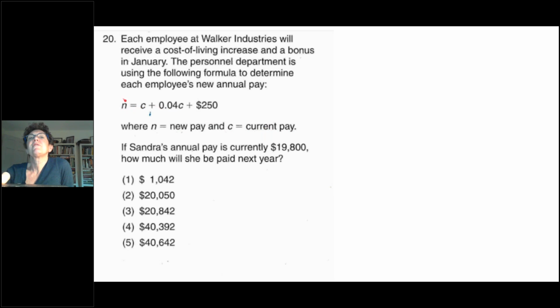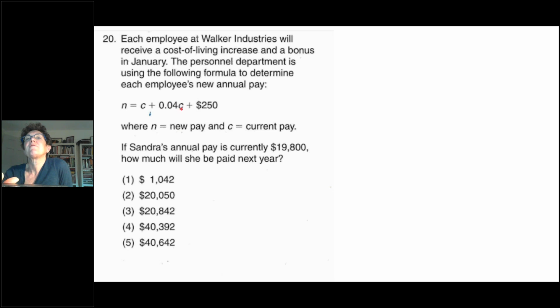So this is going to be what she will make starting in January. This is what she makes currently. So she's getting a 4%. Remember, the decimal equivalent of 4% is 0.04 times her current pay.